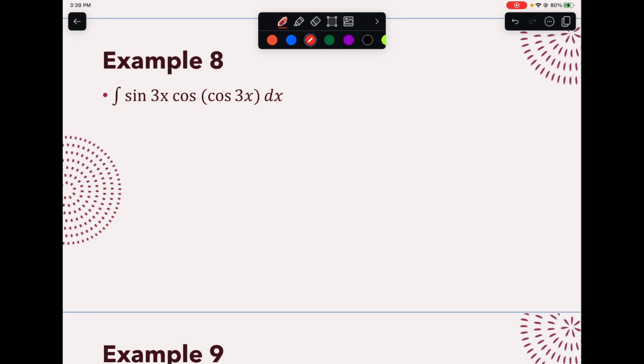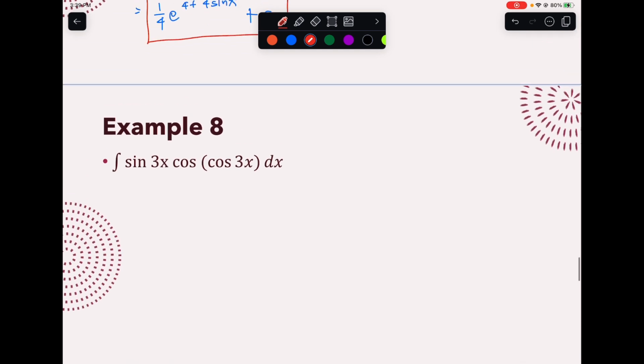Okay. So for this one, we have sine 3x and cosine of cosine 3x dx. It would appear that this is a direct integral, because remember that the integral of cosine u du is the same as sine u plus c.